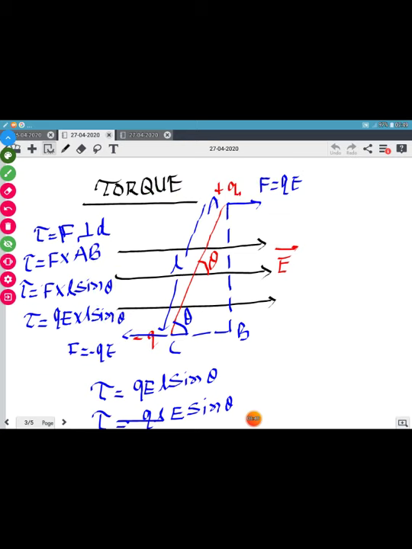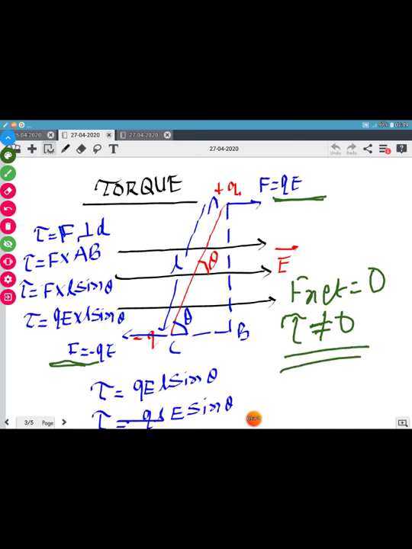It is because two equal and opposite forces are acting. So F net on the electric dipole is 0, but tau, that is torque, is not equal to 0. There is some torque, which is why it starts turning the electric dipole, but the net force on this dipole is 0.